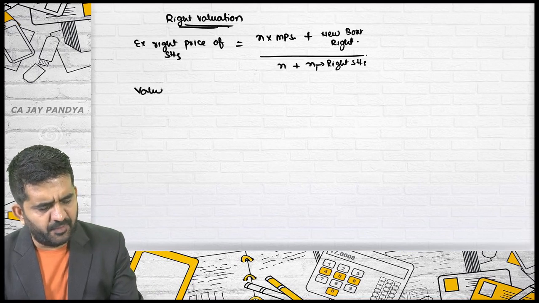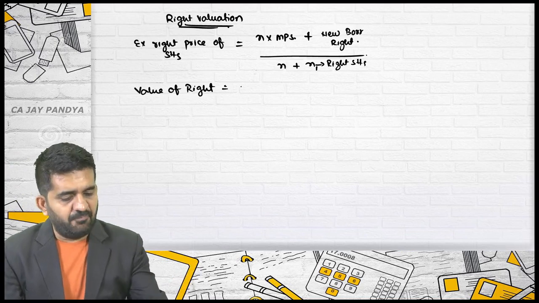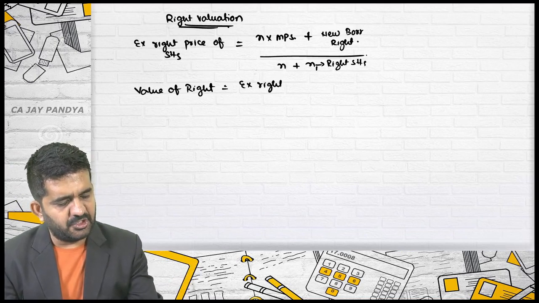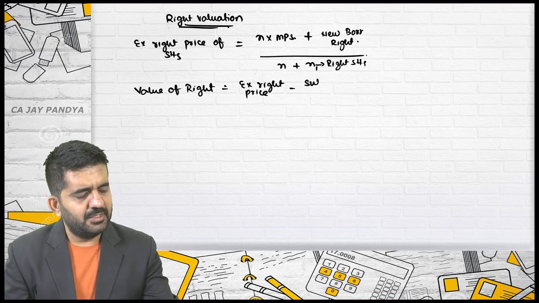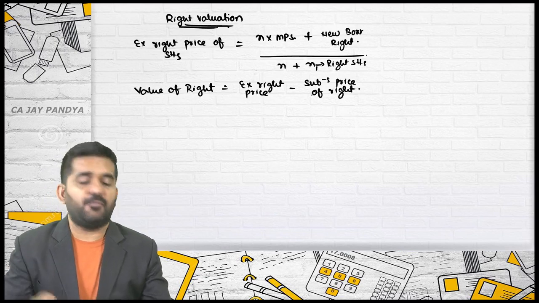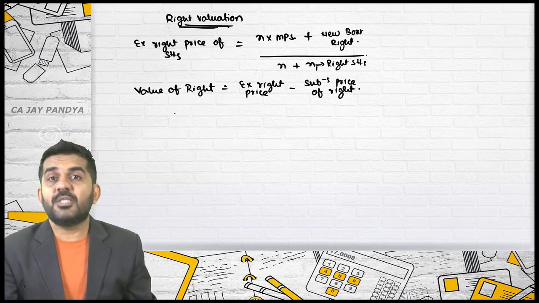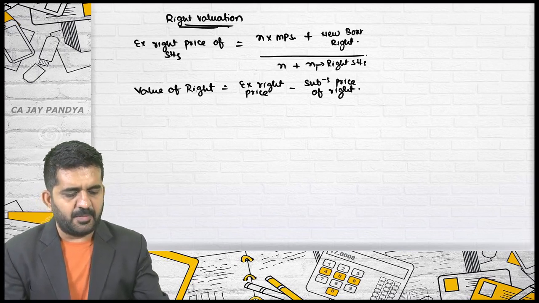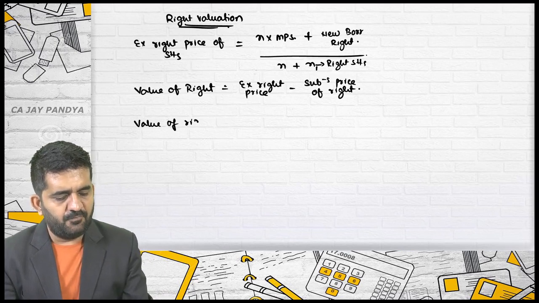If someone tells me to find out the value of right, how will I find out? X-right price of the share minus the subscription price of right. What is the value of the share after issue of right minus the price at which the right shares were available to the shareholders? Sometimes it is also done in this manner. Value of the right is found out per share, value of right per share held.